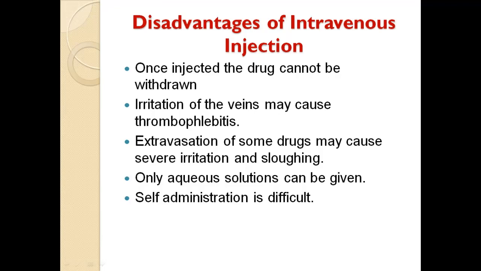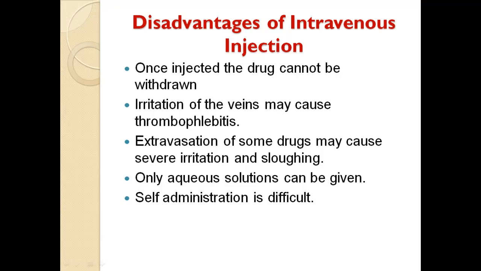How will we check this? When we withdraw the syringe, we will see that blood is coming. Therefore, we know that it is in the right place. Only aqueous solutions can be given. What do you mean by aqueous solutions? That is, easily dissolvable in the blood.